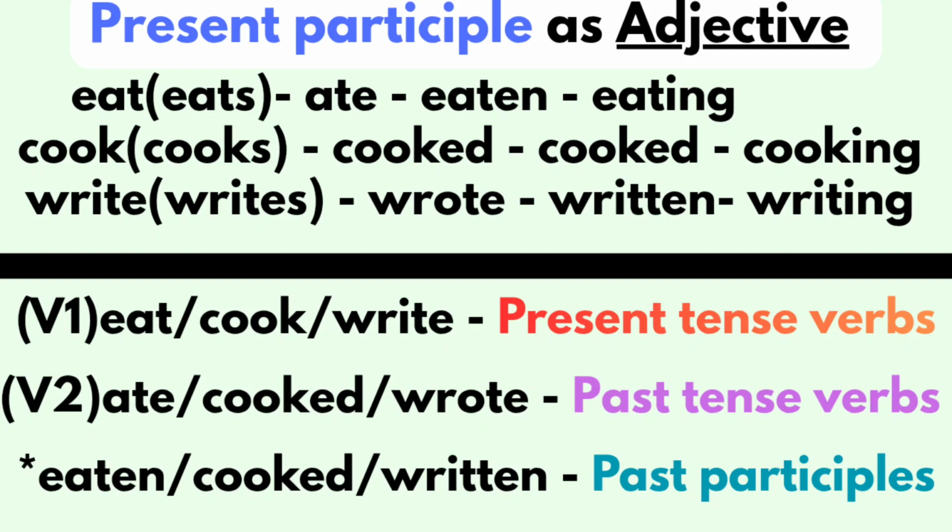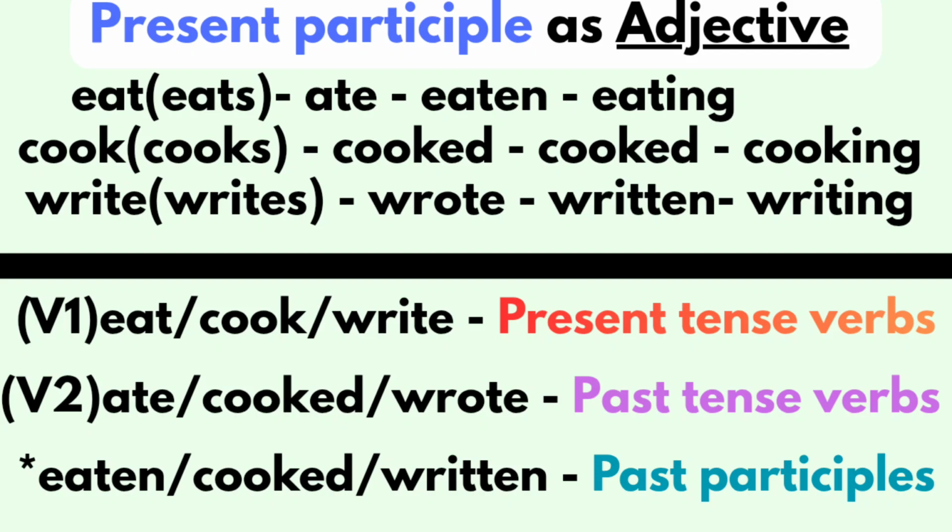Here I have taken three base verbs: eat, cook, write. These are base verbs. You take any verb, it has V2 form, V3 form, V4 form, right? Eat, ate, eaten, eating, cook, cooked, cooked, cooking, write, wrote, written, writing. So these are all the forms of base verbs, right?